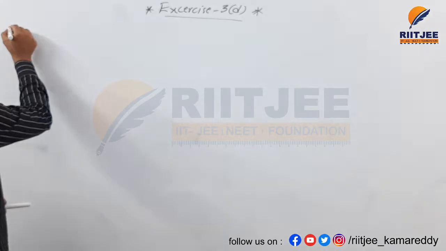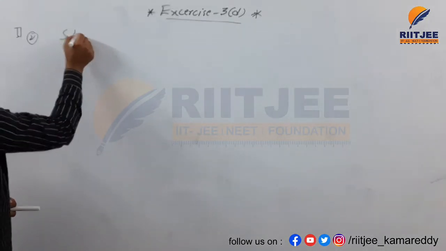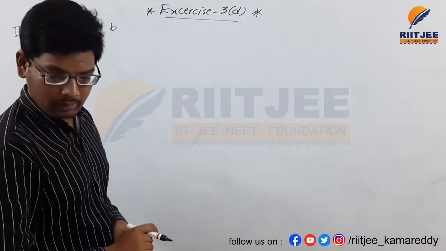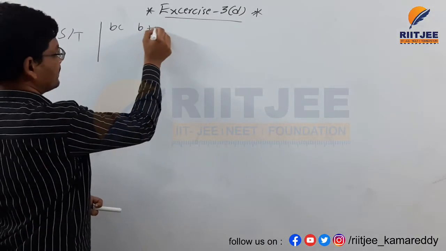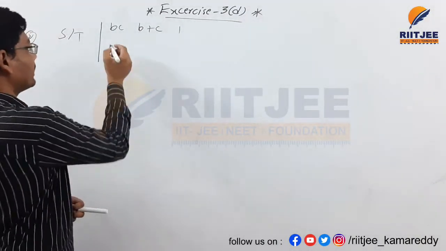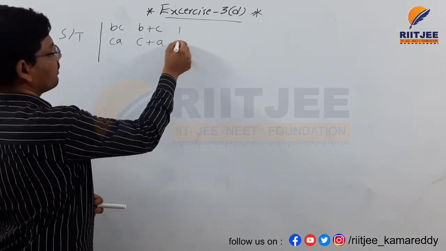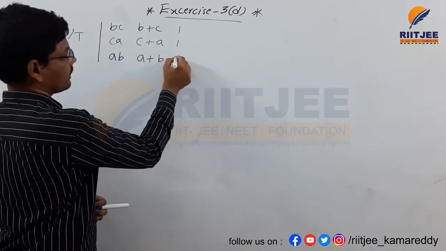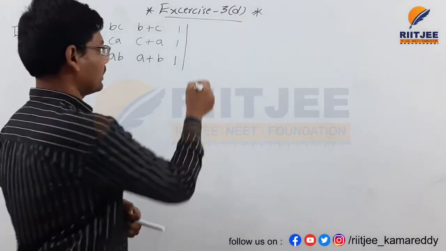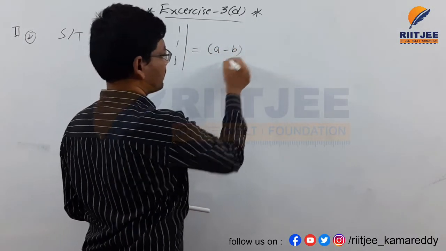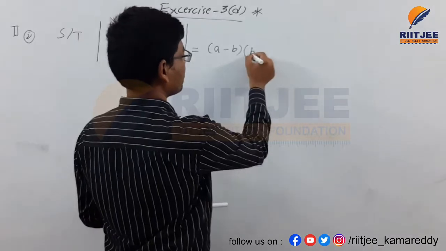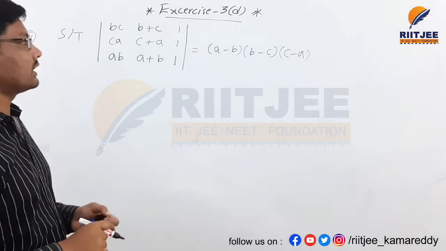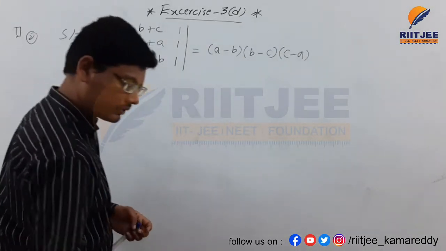Second question: show that the modulus of BC, B plus C, 1; CA, C plus A, 1; and AB, A plus B, 1 is equal to A minus B, B minus C, C minus A. This is the question given here.